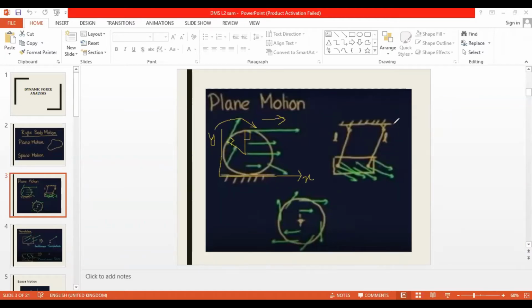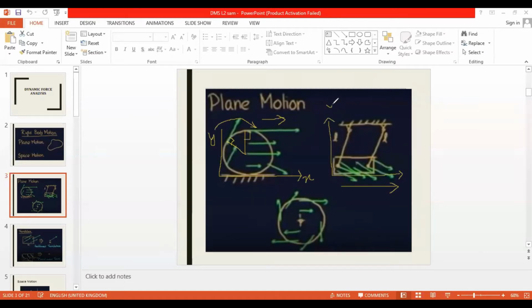From a roof or something, the object is hanging, making a motion this way. All the particles in this object will have a motion in this direction, so I can define that motion in the xy plane.